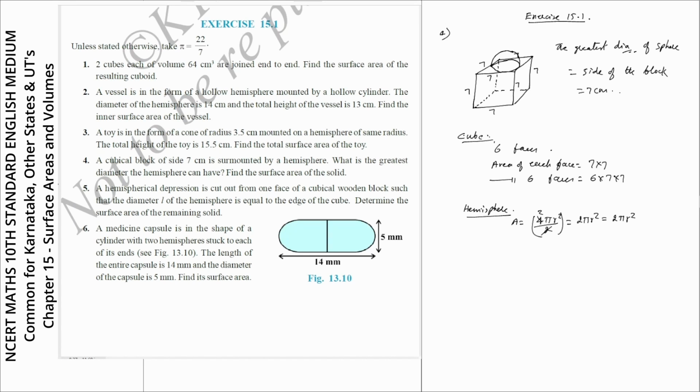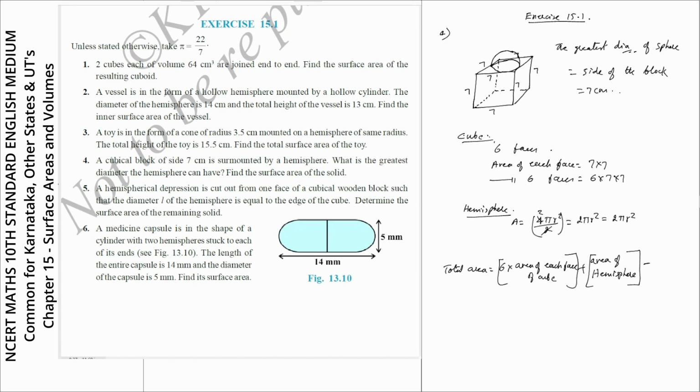Now what is the total area? Total area is equal to 6 into area of each face of cube, okay, plus area of hemisphere, and also we should subtract the area of the circle formed by the hemisphere.